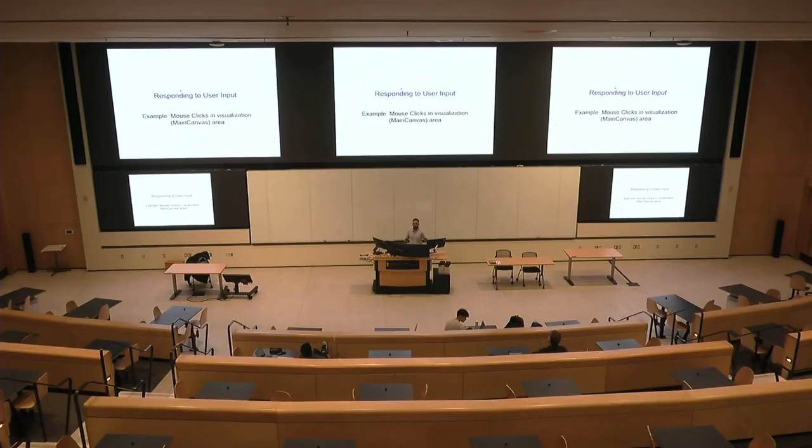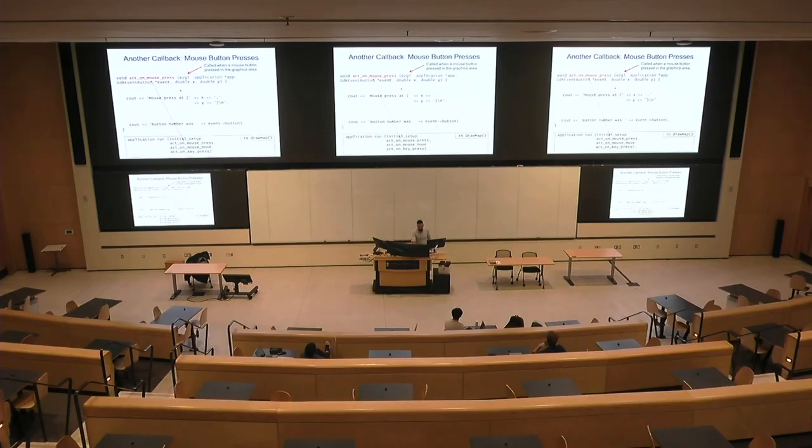So we talked about the callback functions and why they are important, because they keep things dynamic in graphics and they give you the ability to respond to user input. So we're going to show an example here on how to do that. Okay. So here we are defining a new function called act on mouse press. You can call it whatever you want, but you need to just pass in the function pointer to the application.run method.